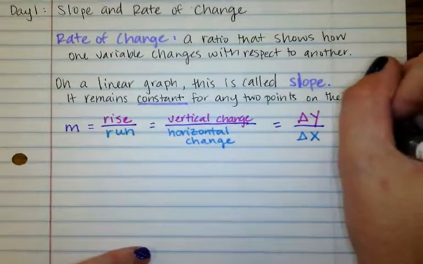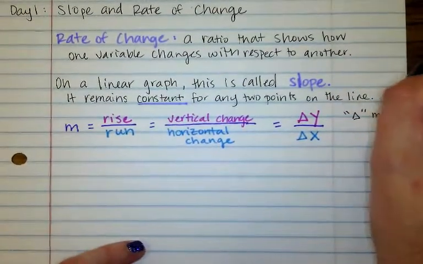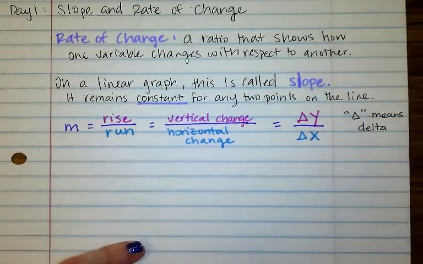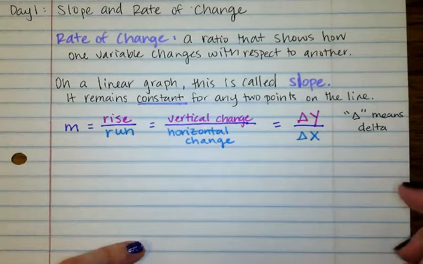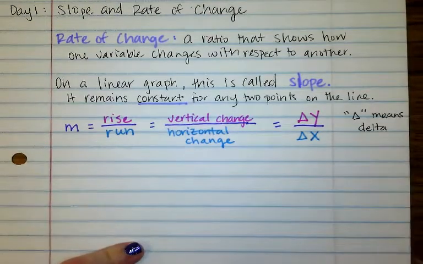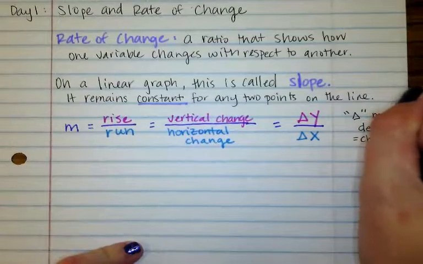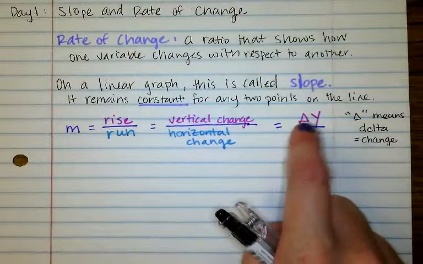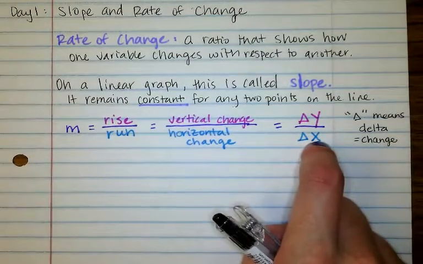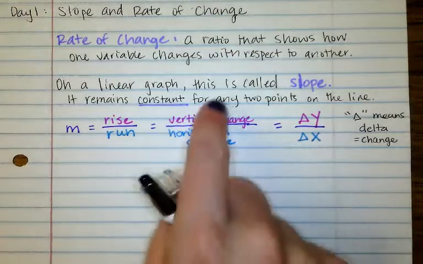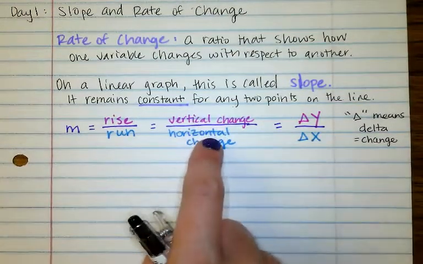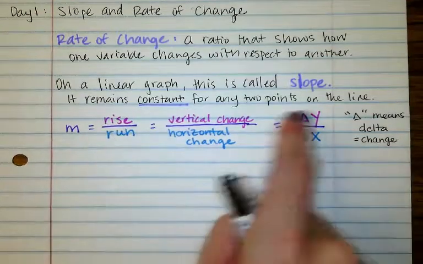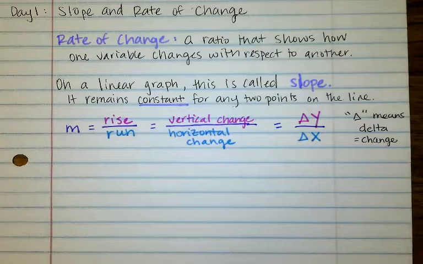This little triangle right here means delta, okay? Like delta, delta, delta, like tridelts, okay? That means delta, which also means change. So this right here is the shorthand for change in y over change in x, okay? I will probably never write it as vertical change over horizontal change because that's just a lot of letters. I will say rise over run or change in y over change in x. Do you guys feel good about that?